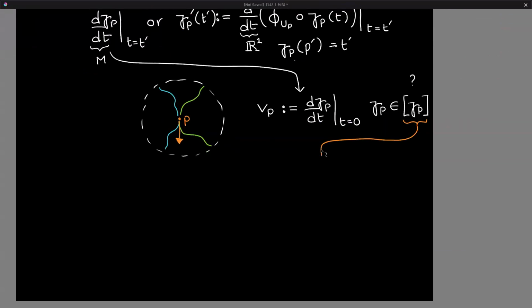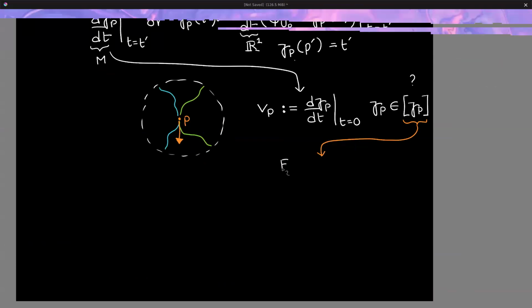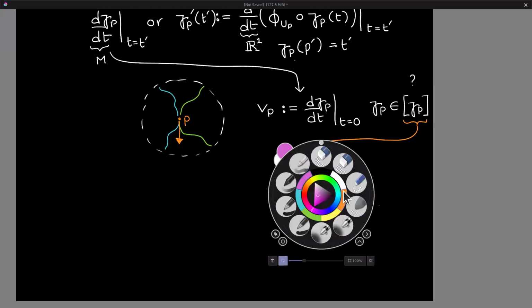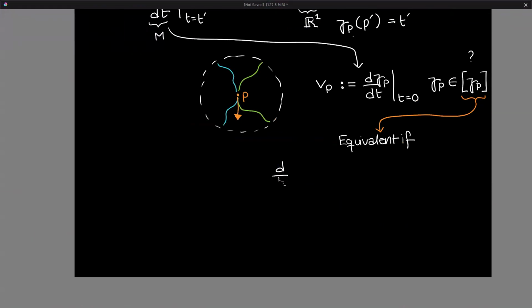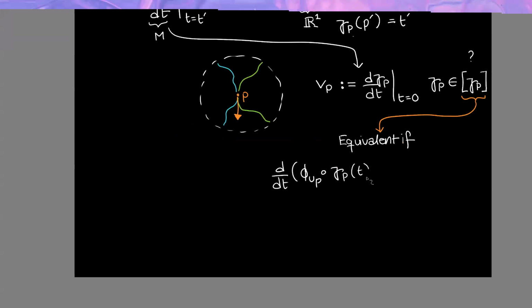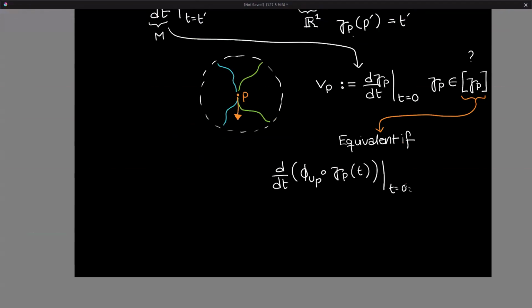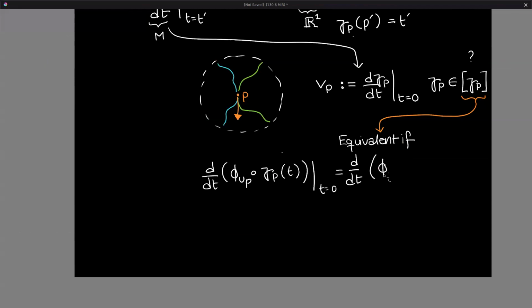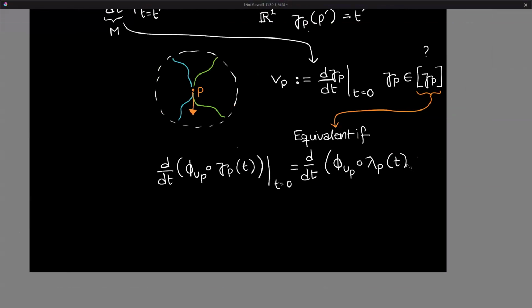So this equivalence class is defined where two curves are equivalent if d dt of phi u p after gamma p of t at t equals 0 is equal to d dt of phi u p after, let's say the other curve is lambda p, lambda p of t at t equals 0.